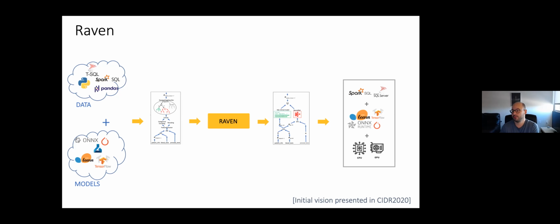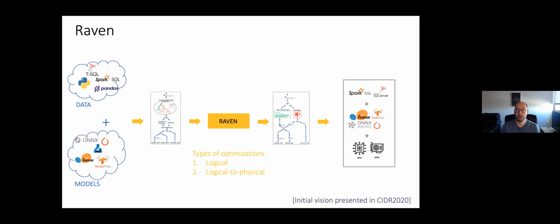For now, we have looked into CPUs and GPUs. The very initial vision of this was presented at CIDR in Amsterdam close to 2 years ago. We have come a long way since then in making these things real. Everything you see here is fully implemented, and we have added new things and so on.